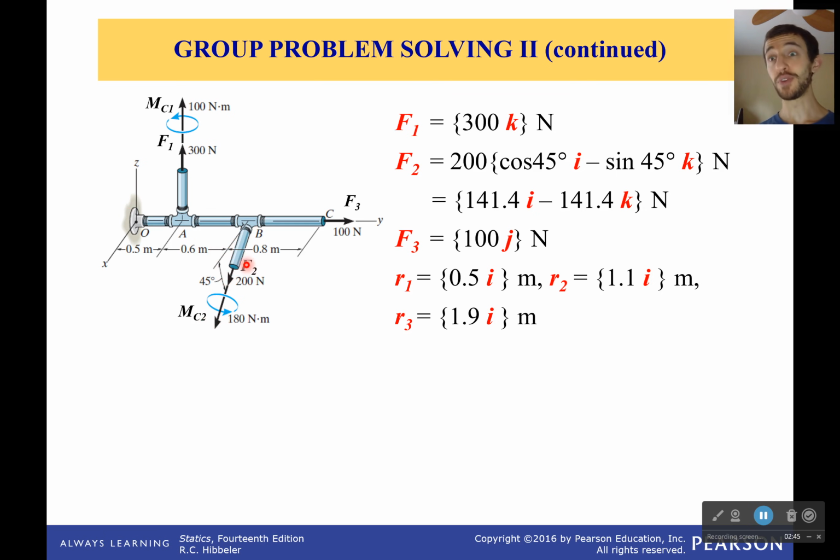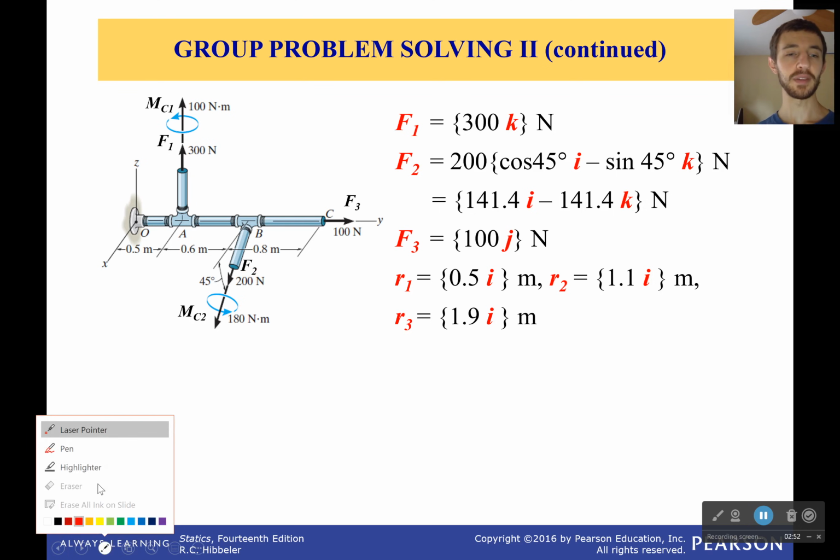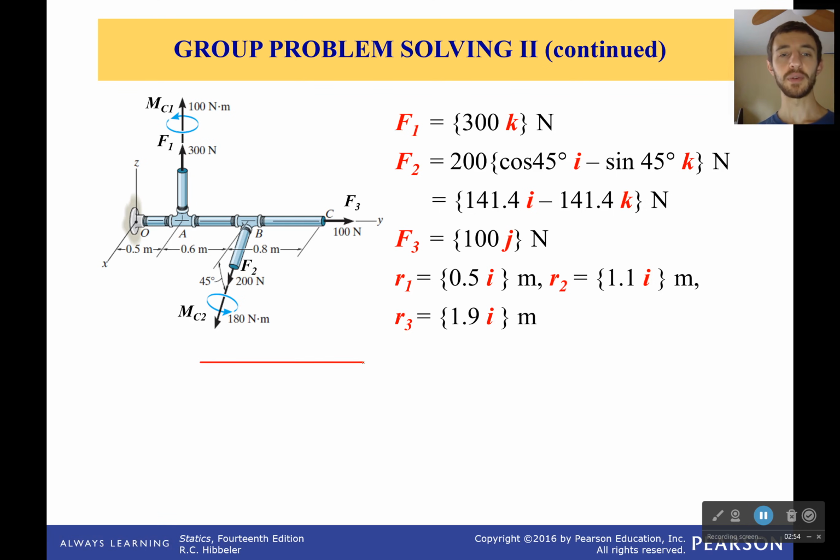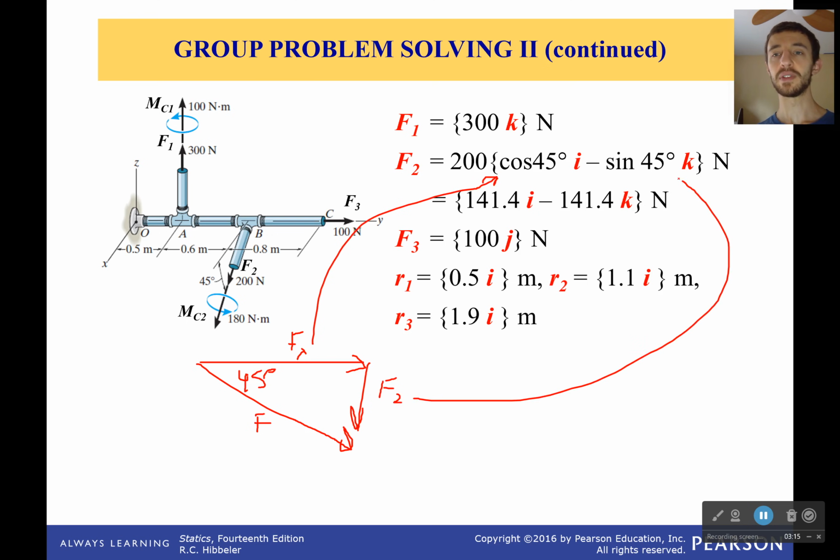There's actually kind of 2 fun ways to do that if you want, but we'll just do the normal way first, which is simply to take that force and break it up into a triangle. Everything in this class is triangles. It always comes back to triangles. So we have our force in the x direction, we have our force in the z direction, and this is 45 degrees. And so we can then get the 2 components in terms of our force.